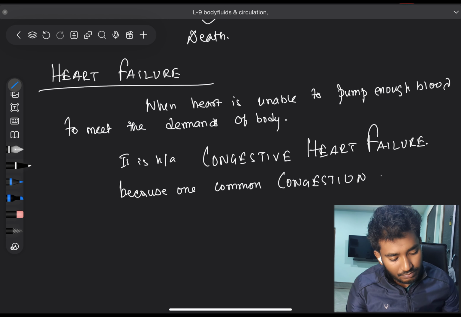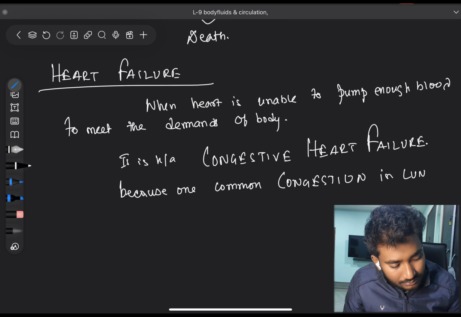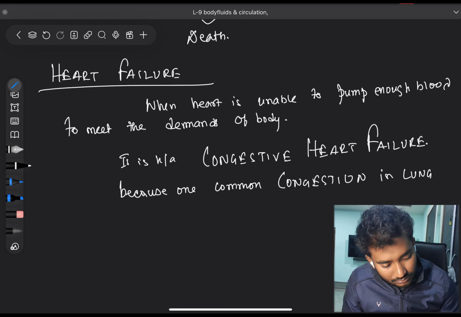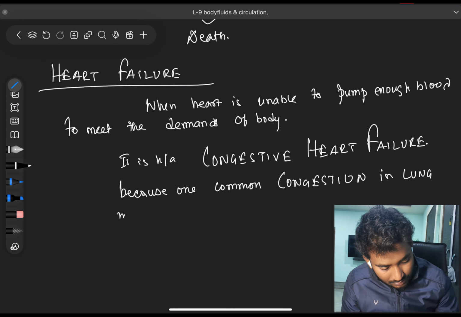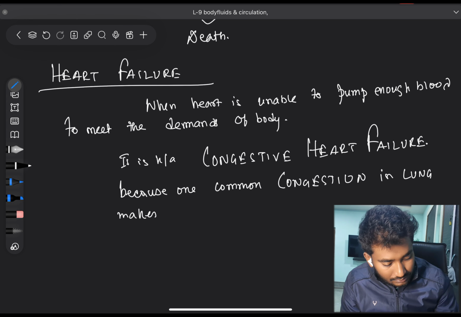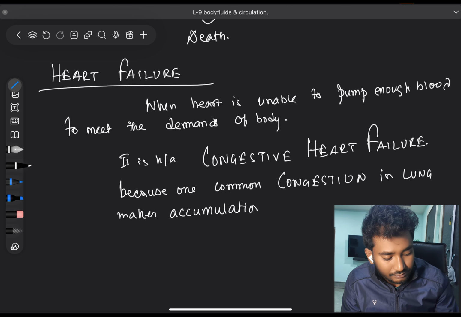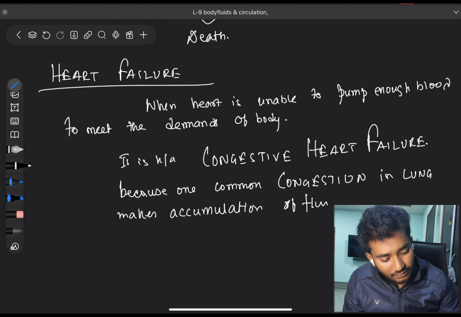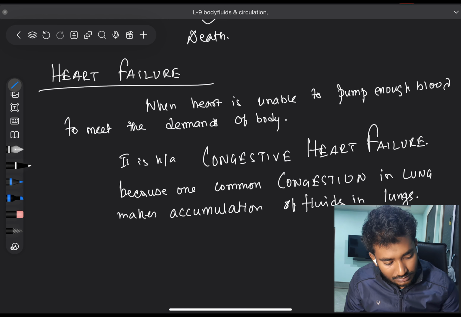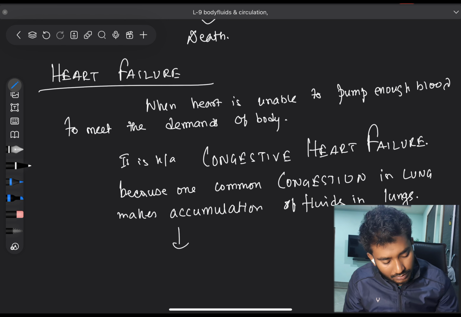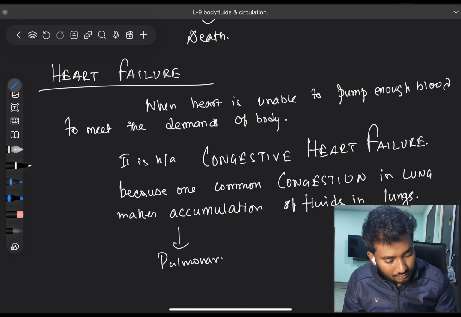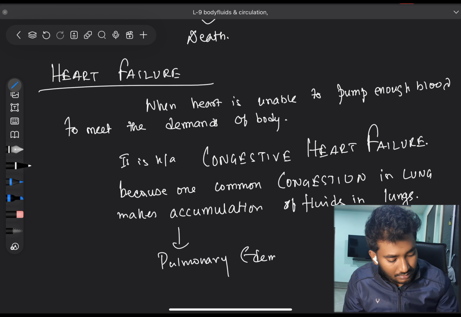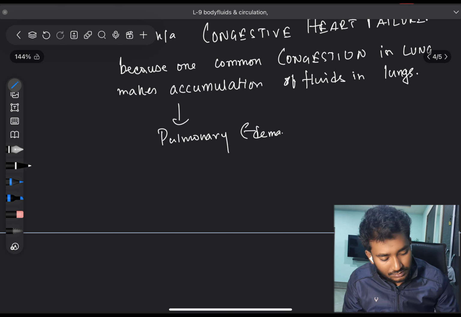Okay, because one more common congestion in the lung makes accumulation of fluids in the lungs, we call it pulmonary edema.